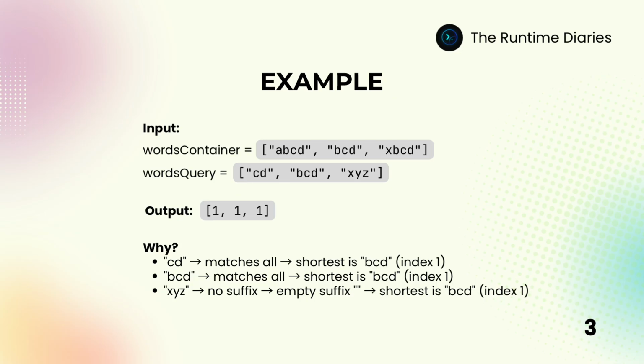For the query XYZ, there's no shared suffix with any container word, so the longest common suffix is the empty string, which all words share. The shortest container word is still BCD at index 1, so the output is, from left to right in the output array, 1, 1, 1.